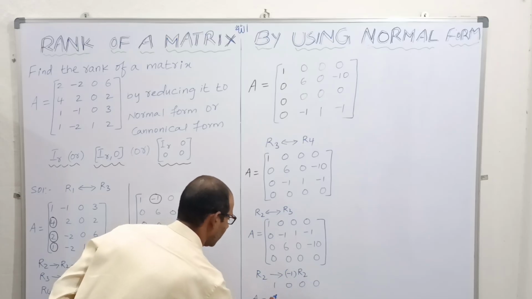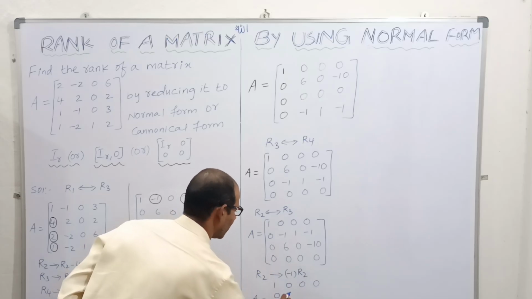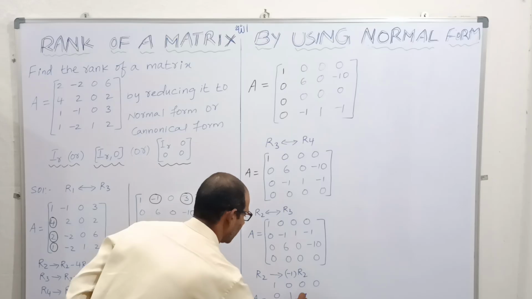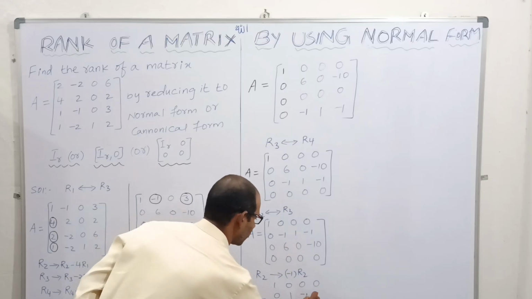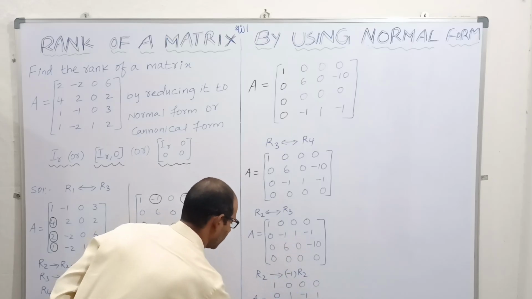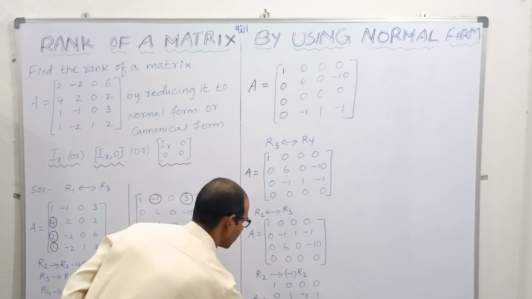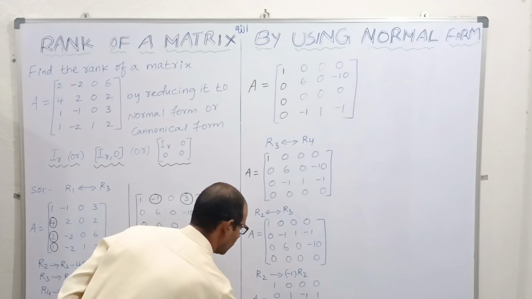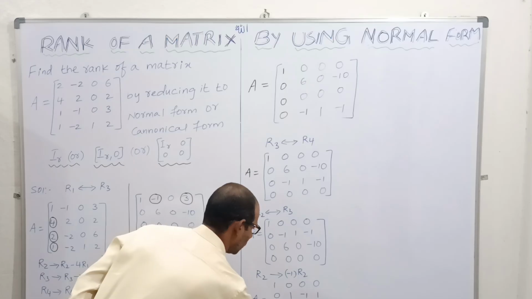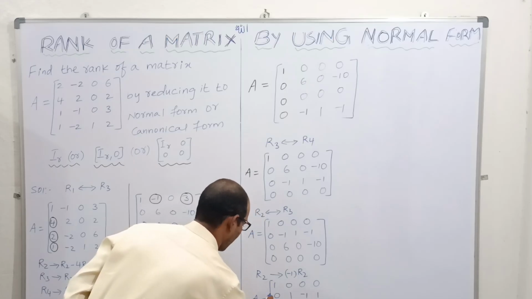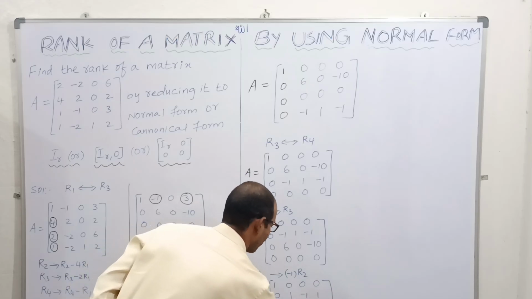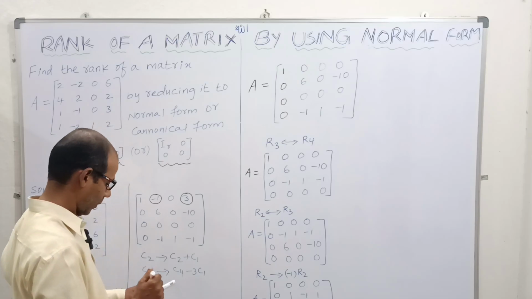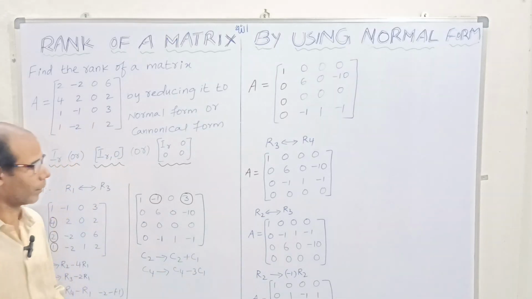So this is 0, minus 1 into minus 1, it becomes plus 1. So here minus 1, here also it becomes plus 1, 0, 6, 0, minus 10, the last row is 0, 0, 0, 0. Right?